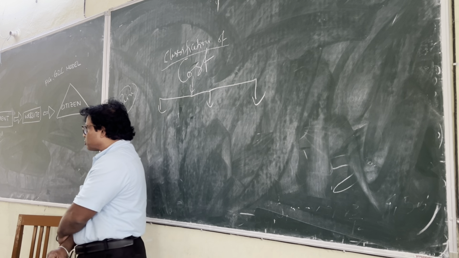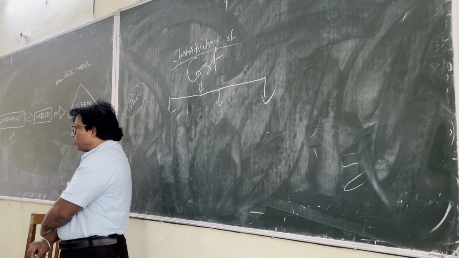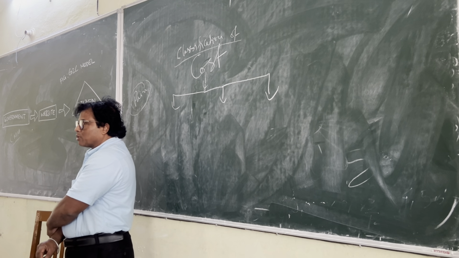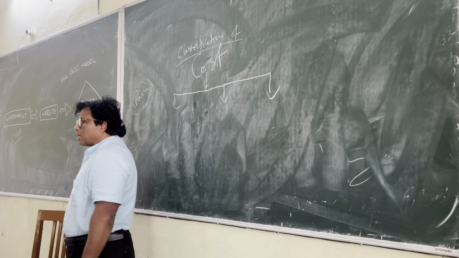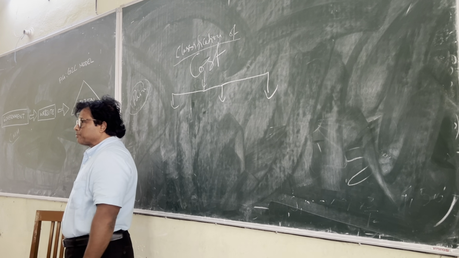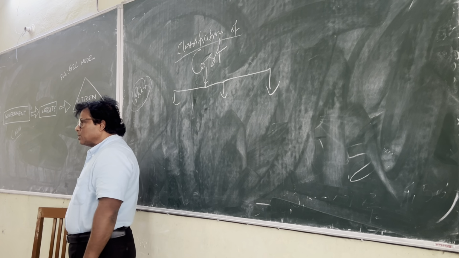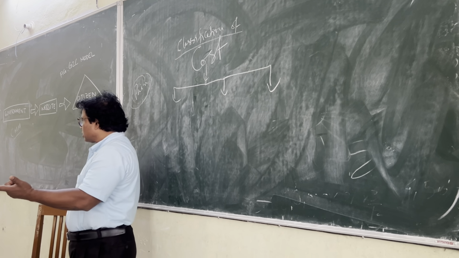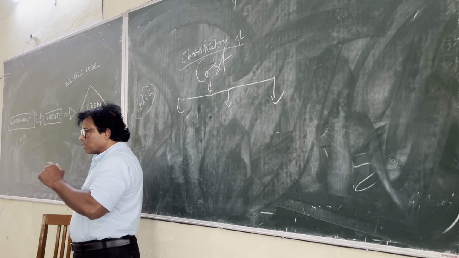How many different types of costs are there? And how can you classify it? Like if I say how many types of students are there, you can say 2 types, gender wise: girls and boys.